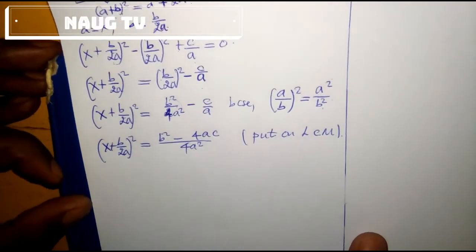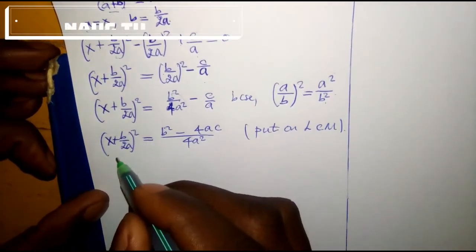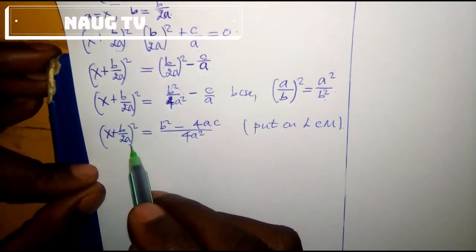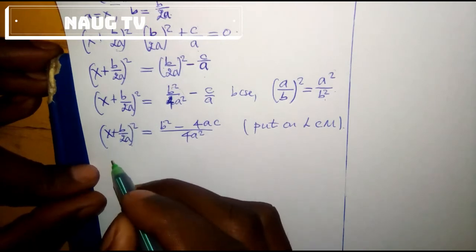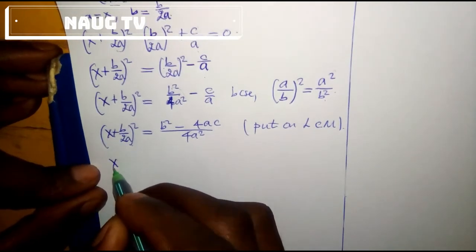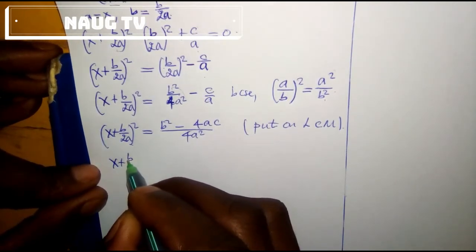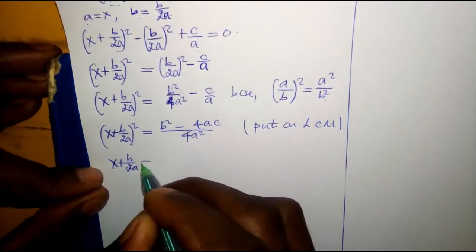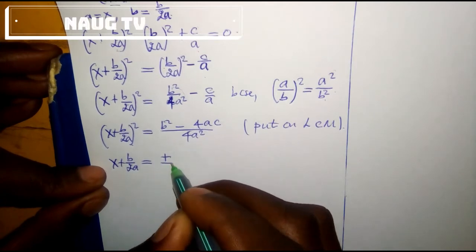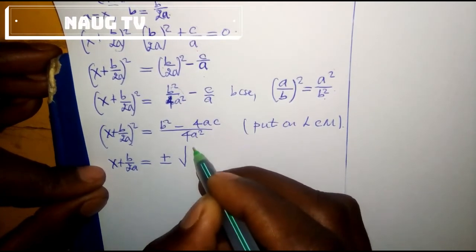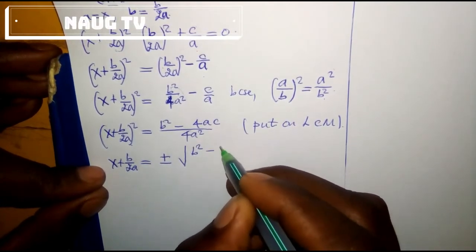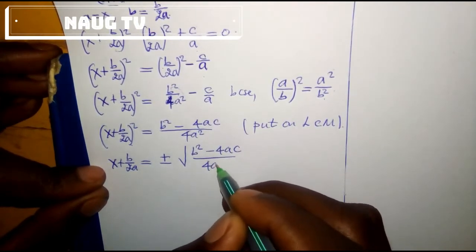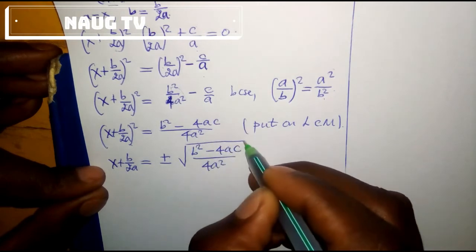Okay, now we are going to solve for x plus b over 2a only. The answer would be x plus b over 2a, which is equal to plus or negative square root of b squared negative 4ac over 4a squared.